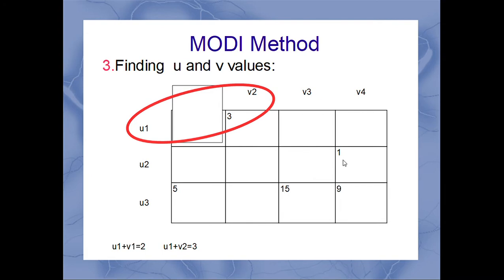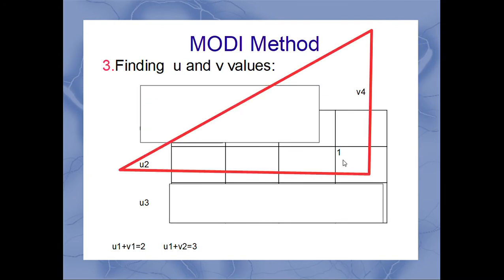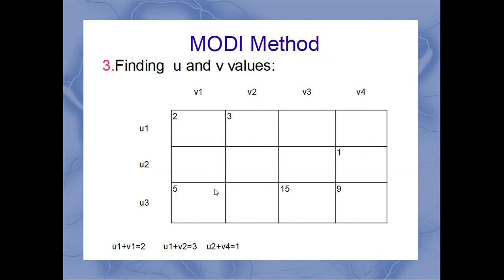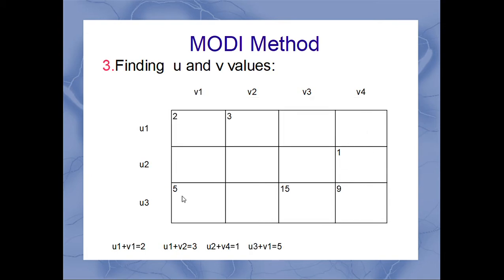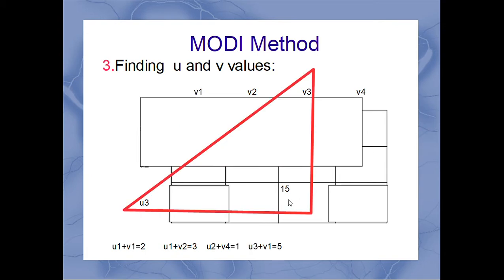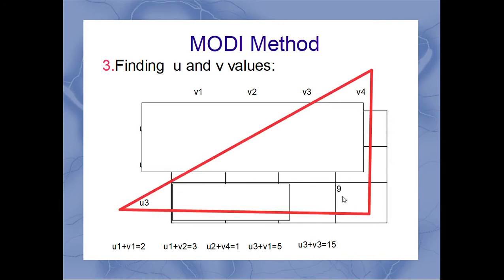For this number, u2 plus v4 equals 1. For this number, u3 plus v1 equals 5. Then u3 plus v3 equals 15, and u3 plus v4 equals 9. So using the cost values of allocated cells we have formed these equations.